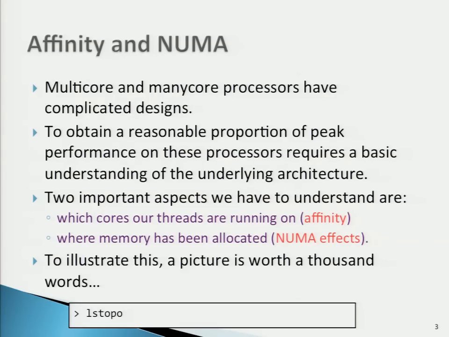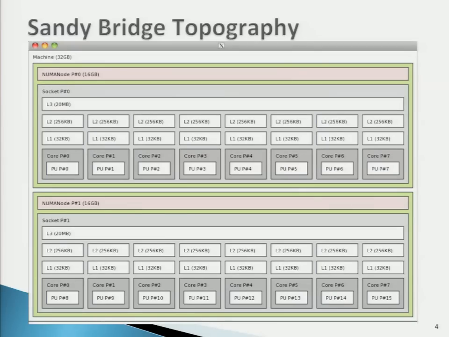But if you run it with X on, you will get a little graphical window that looks like this. This is what it shows us when we ran on a Sandy Bridge system. I think this was generated on a Grainer, which is one of our systems here, which has exactly the same processors as we have in Pilatus.